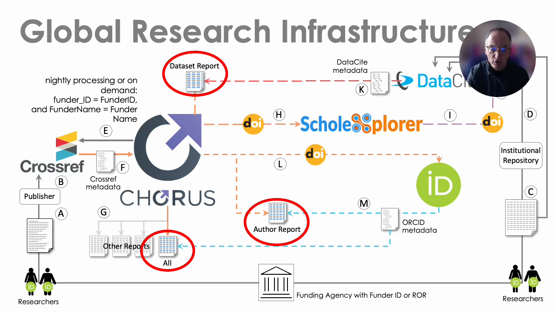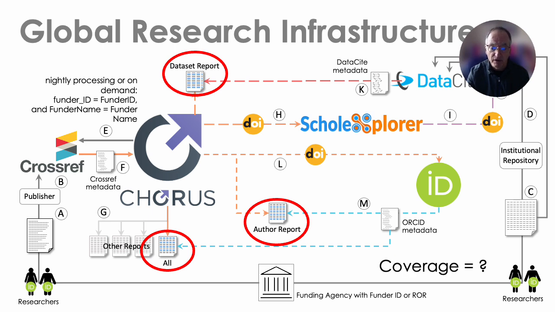The author report provides information, affiliations, and identifiers for authors of that work when they can be found. And the dataset report provides information about datasets that are created. Notice that this data journey starts on the lower left of the figure with a query against Crossref. That's going to be important.